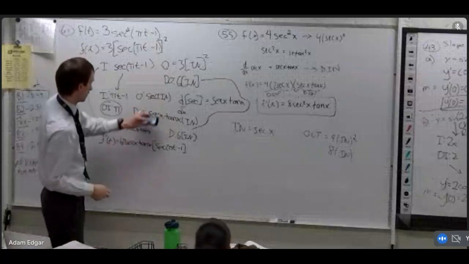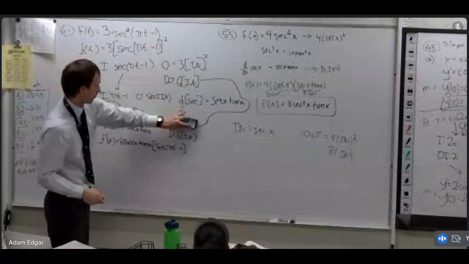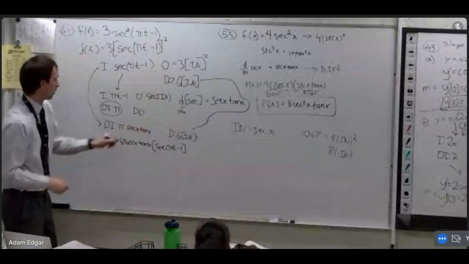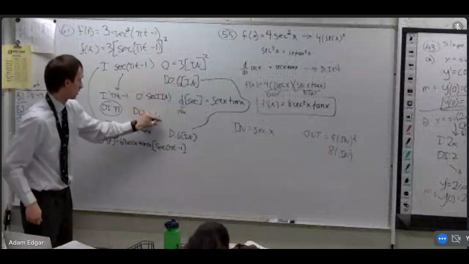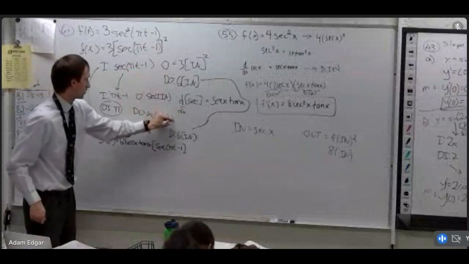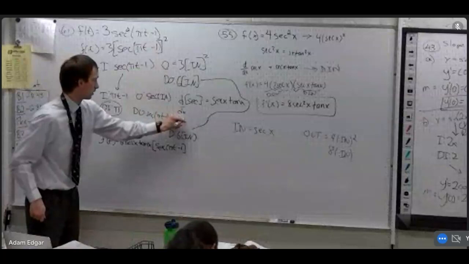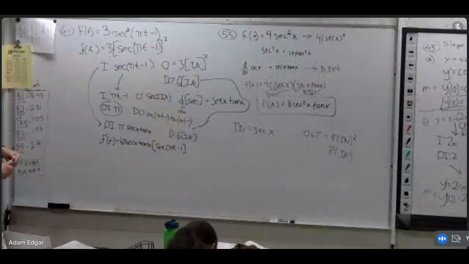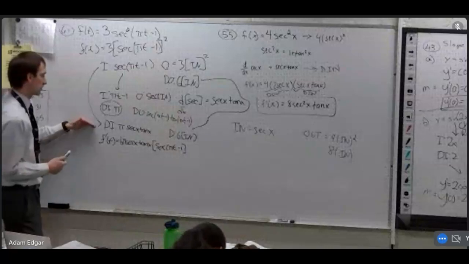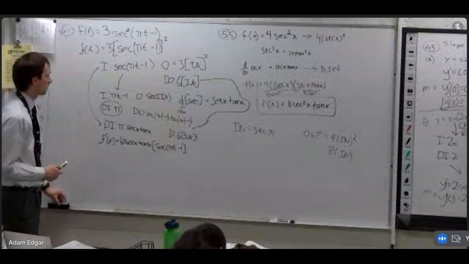Unfortunately, because that's considerably more messy looking. So we'll have secant of the inner stuff, which is pi t minus 1, and tangent of that pi t minus 1. And so you multiply them together, and below that is the derivative inside, but that's wrong. It should be pi.